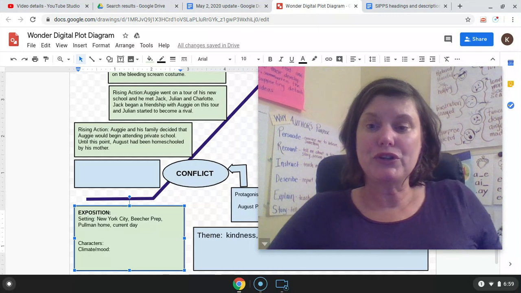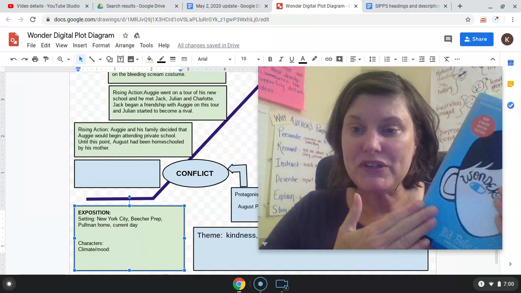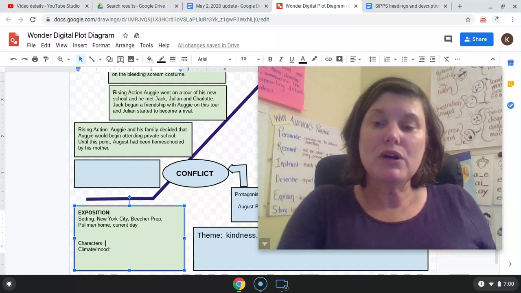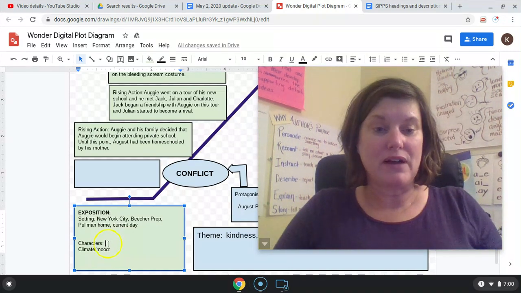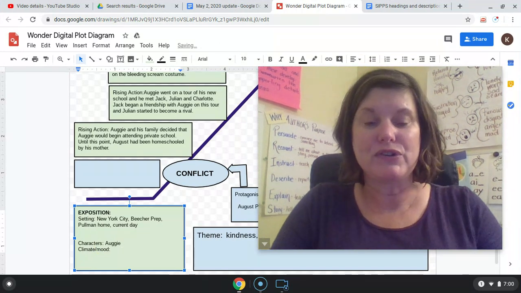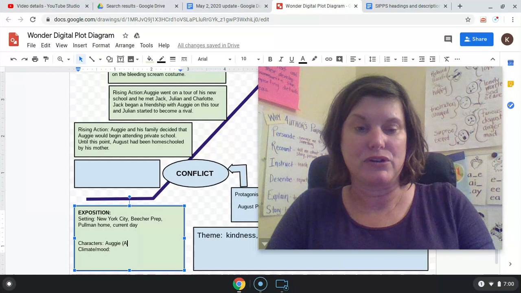So we are going to go back and remember the exposition is typically within the first few chapters. So we're going to think about who are the characters that have been introduced in this novel. And obviously, Augie is one of the characters, and he is, I would say, the lead main character.